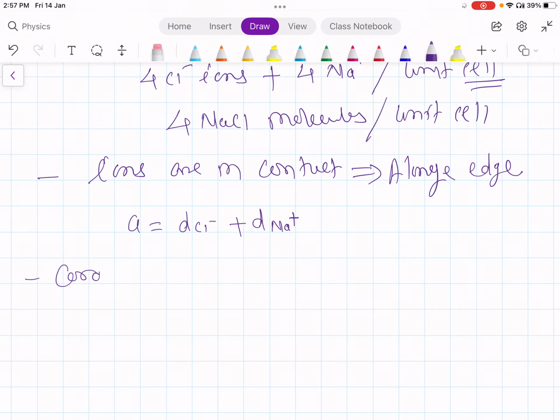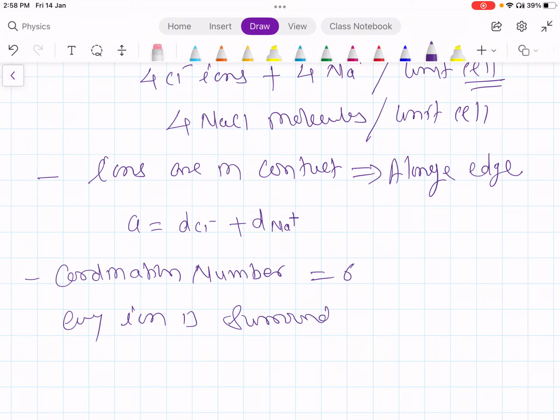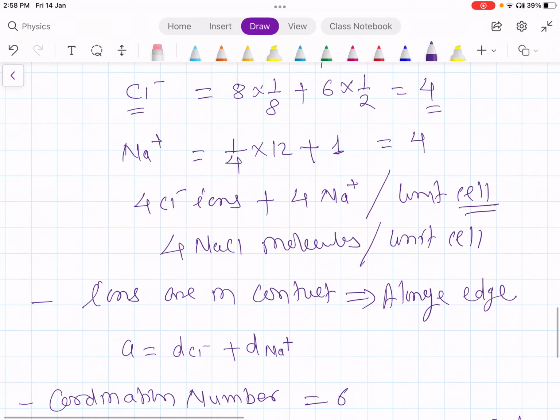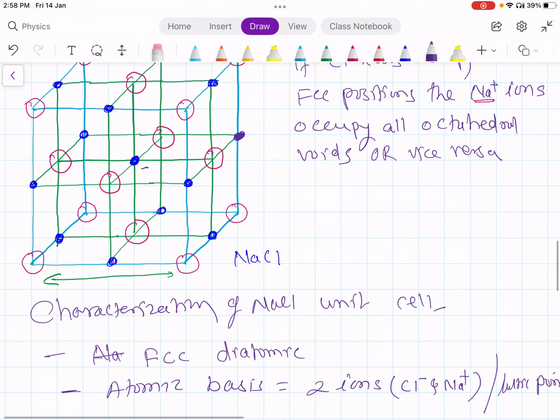Forgot to mention the coordination number. Coordination number for this is 6. As you can see, in this case every ion is surrounded by 6 opposite ions. For that, consider this body center. So this is the one, this is two, second, third, four. Four in one plane, one above and one below.